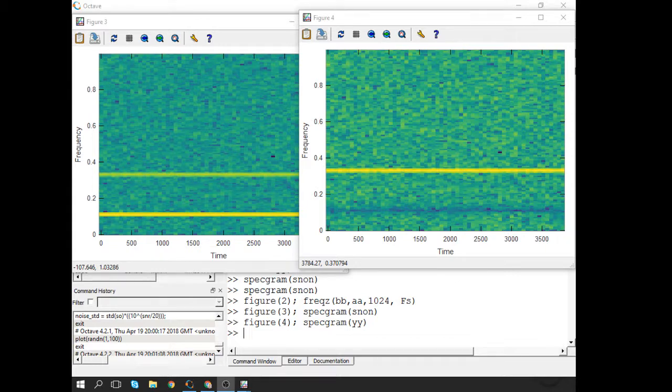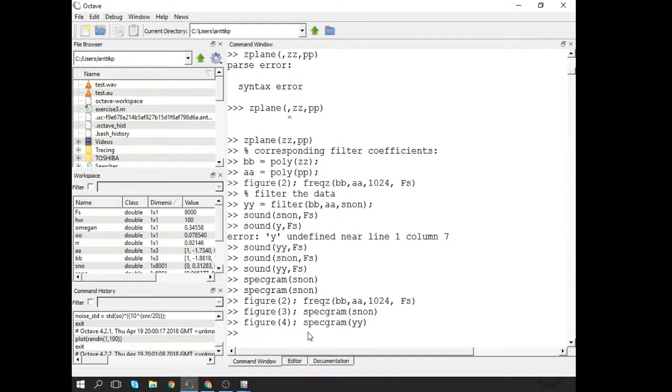Let's take a look at the other filter design methods and how to design a say classical low pass filter. And these are classic analog filters in digital domain.